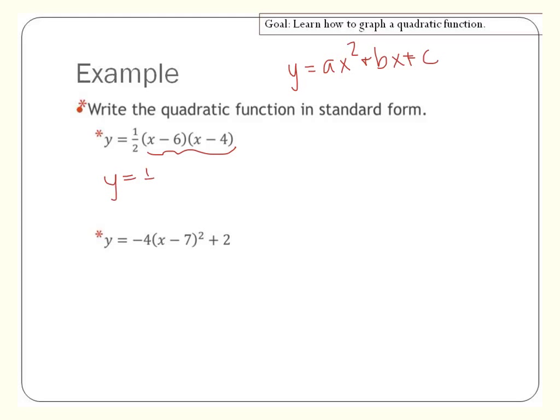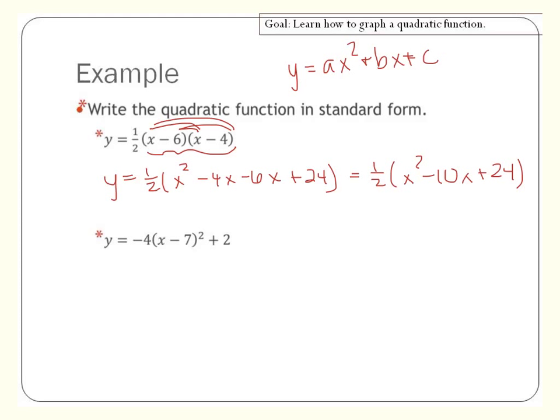So you're looking at 1/2 times x squared minus 4x minus 6x plus 24. If you remember how to FOIL, first, outer, inner, last, which is going to be 1/2 times x squared minus 10x plus 24. And then you want to distribute, and you want to keep the y equals there because this is an equation. 1/2 x squared minus 5x plus 12.